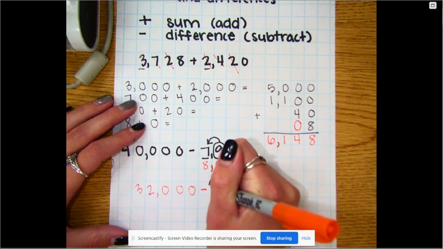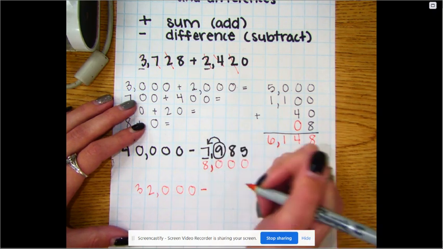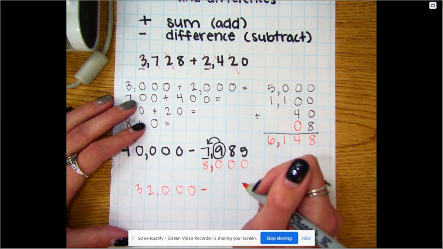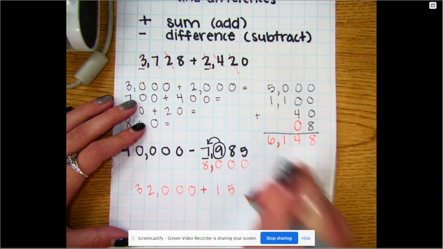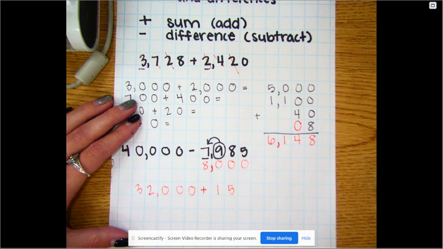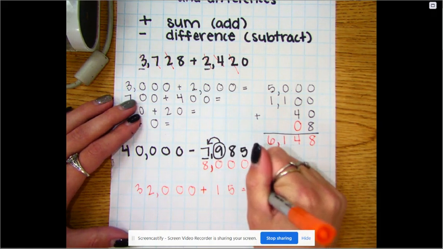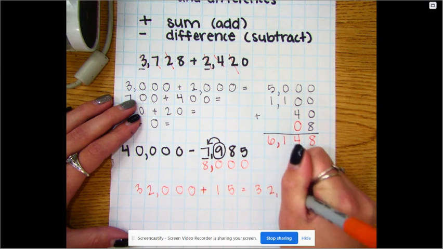So 32,000, or sorry, I'm going to have to add 15. 32,000 plus 15. I'm so sorry, I said that incorrectly. I'm adding 15 to my answer, and I'm going to get 32,015.